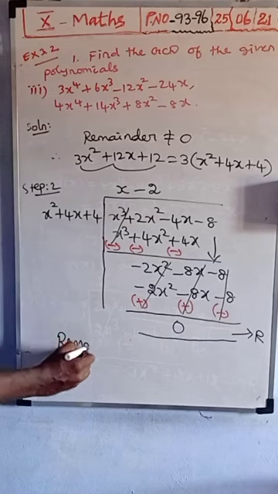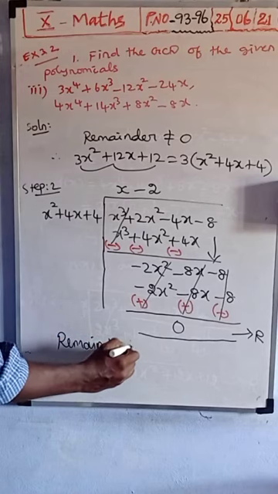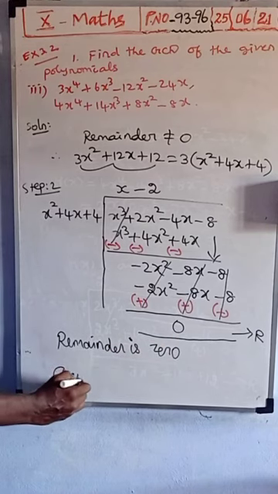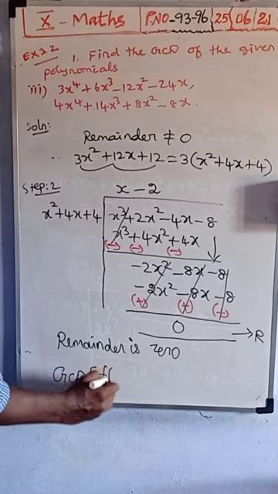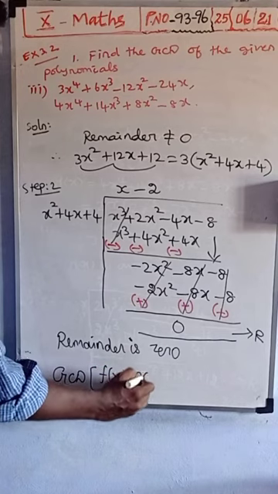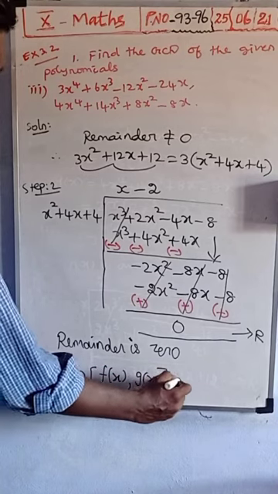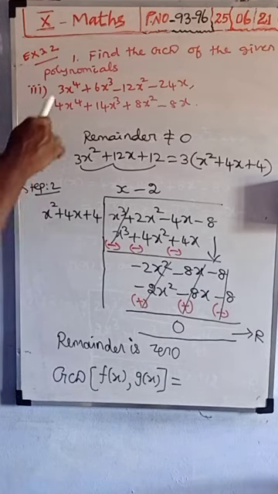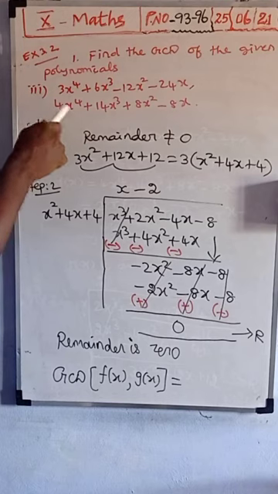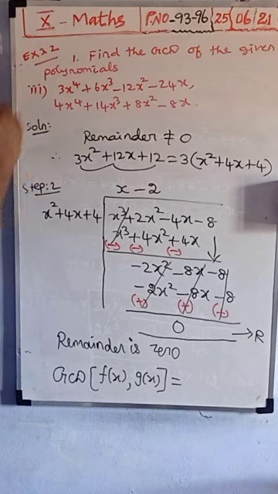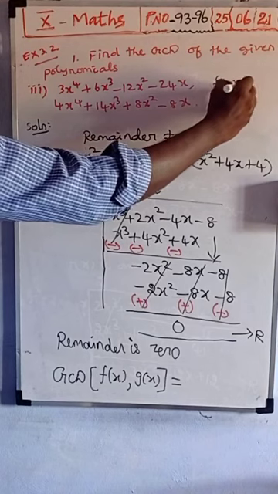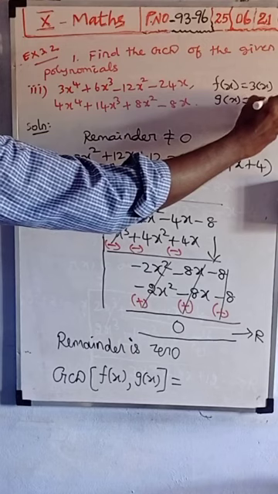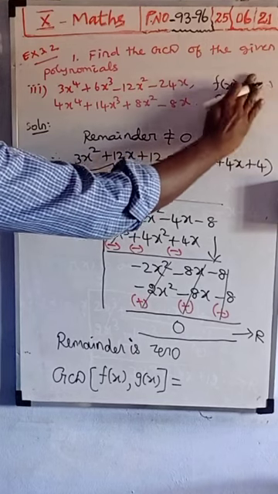Therefore here the remainder is 0. What is the GCD of the two polynomials, f of x and g of x? Don't forget, at the first step itself I chose x as the common factor: f of x has 3x and g of x has 2x.